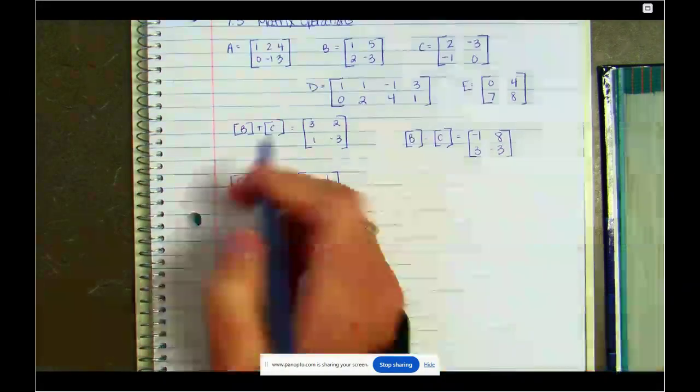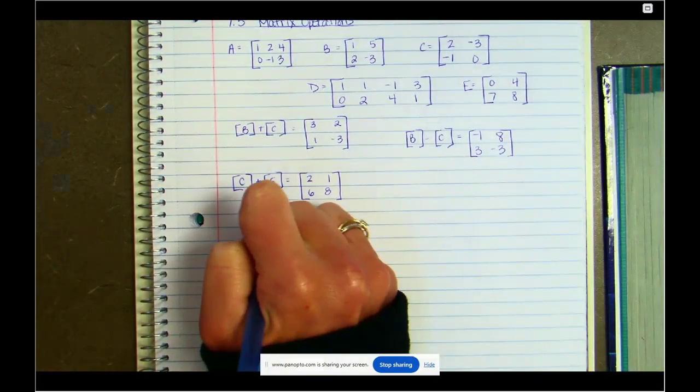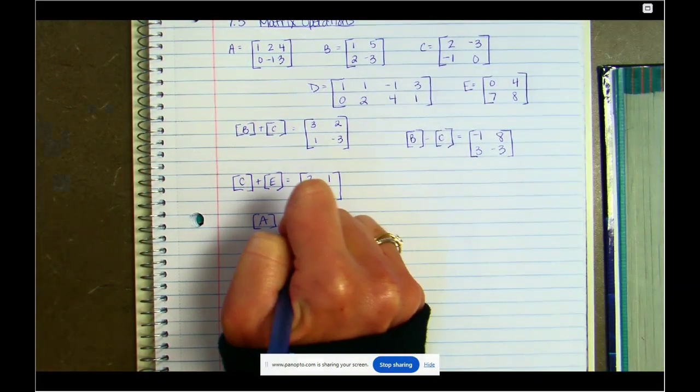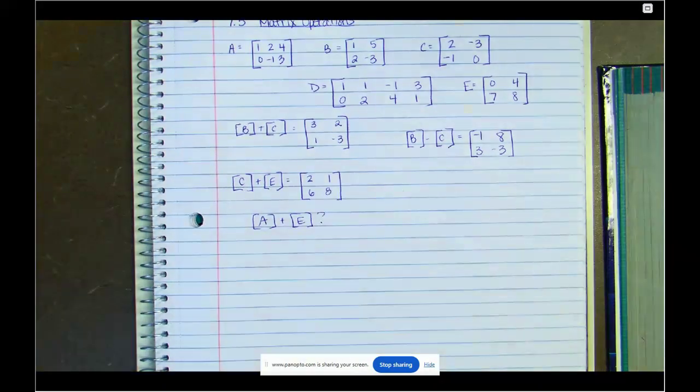Okay, now A plus E. Takes longer to put it in your calculator than it does to add it, though.